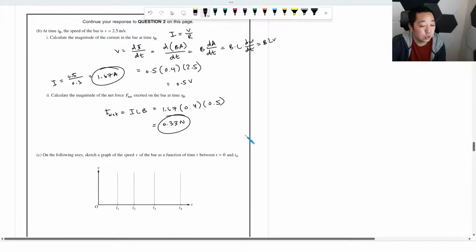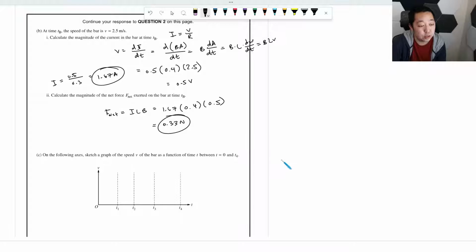On the following axis, sketch the graph of the speed as a function of time between 0 and t4. If you think about what's happening, the force is changing as a function of time. Your voltage is BLV, right?